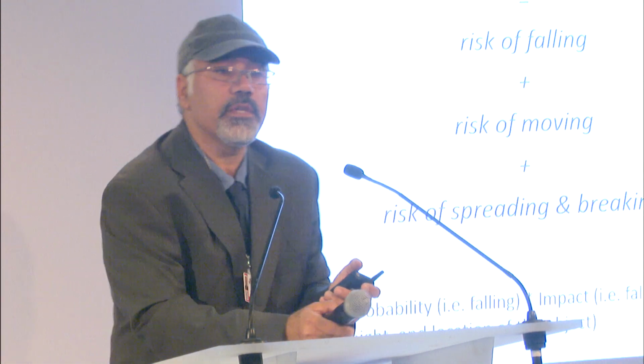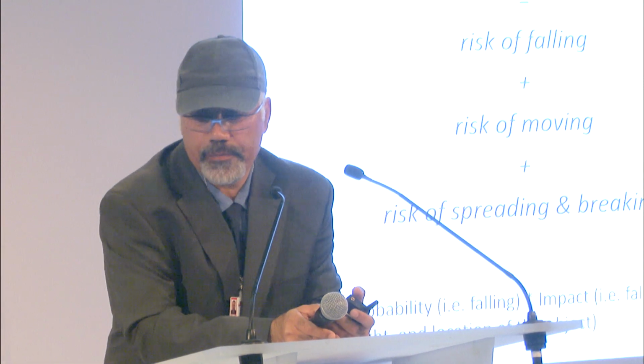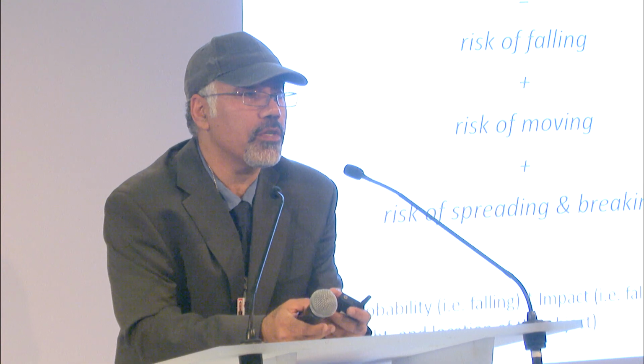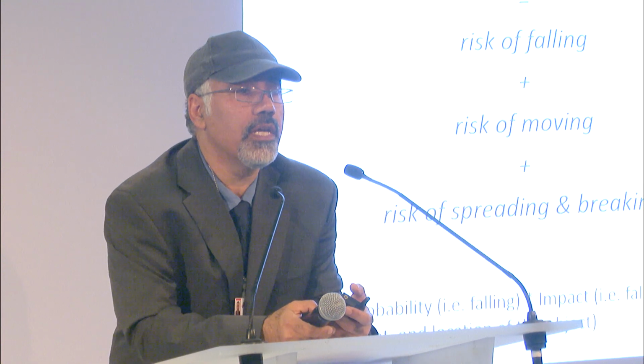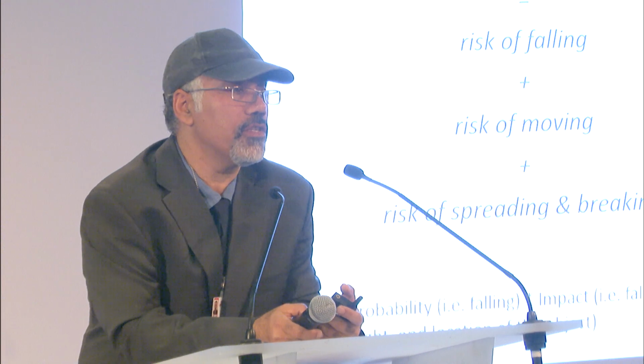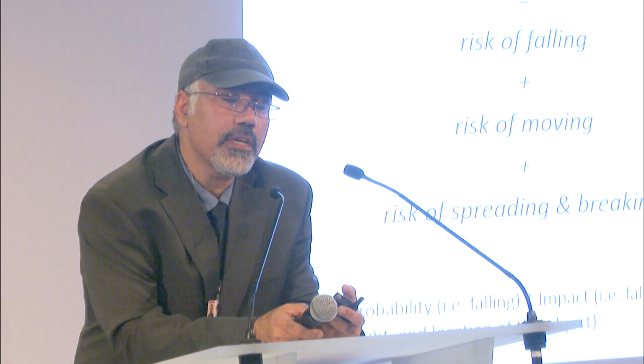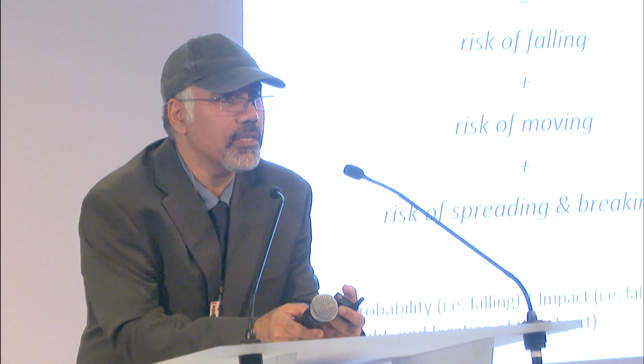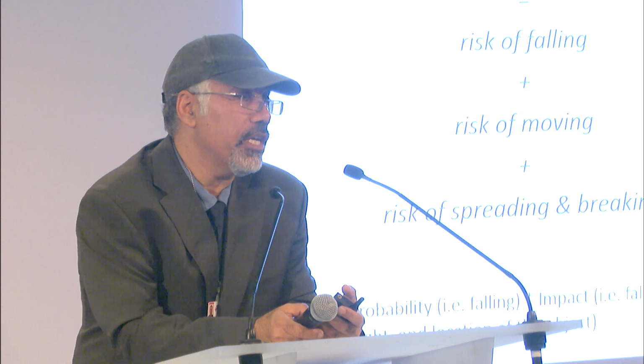Now, the methodology behind this is very complicated, but in a sense simple in terms of the elements that need to be considered. It's complicated because of the calculations and the different aspects needed for each of these elements.